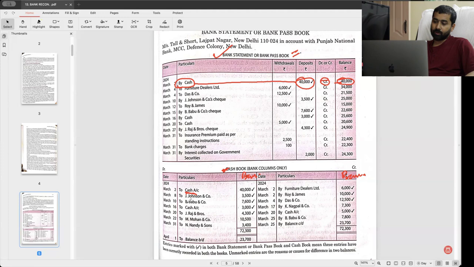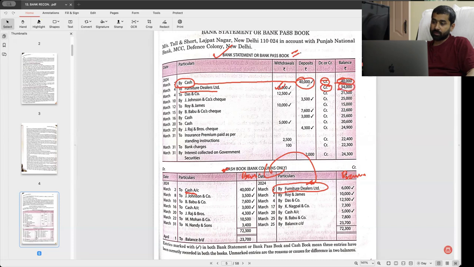After that, see here one more entry. Say for example, furniture dealer. Indirectly what? Furniture account debit to bank account. Correct, no? So indirectly you are withdrawing that 6,000. Correct? You are paying 6,000 through that. So to furniture dealer I have written withdrawal 6,000. And the total credit value is what now?